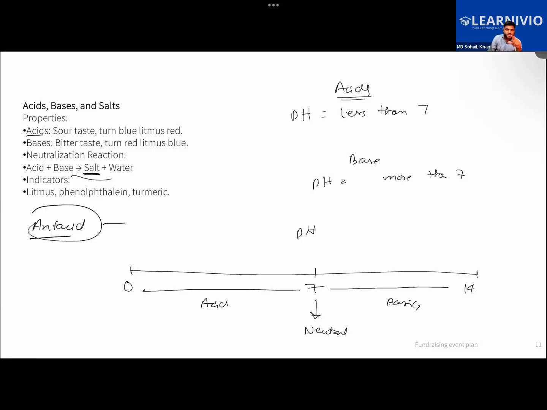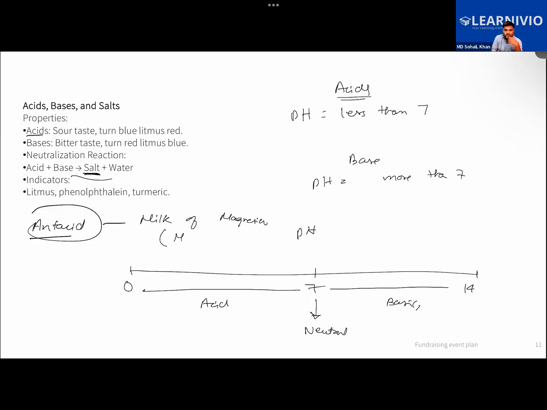Remember, if you can recall that blue container, like a blue bottle, that was an antacid. It had milk of magnesia written on it. Remember, Priyanka? So milk of magnesia is one of the common antacids. What is the chemical name of milk of magnesia?